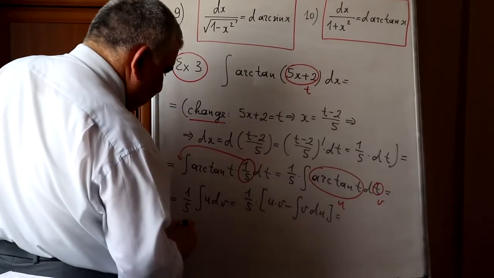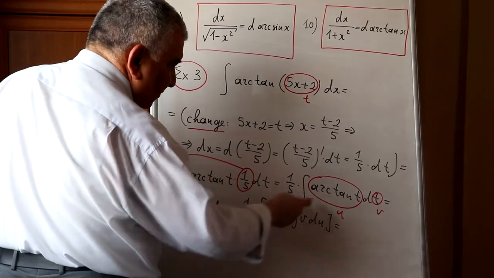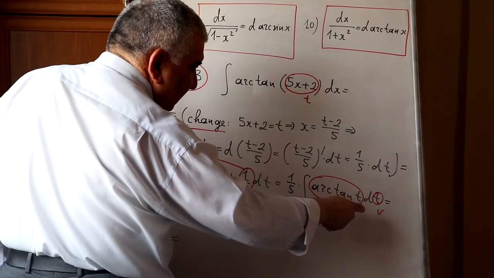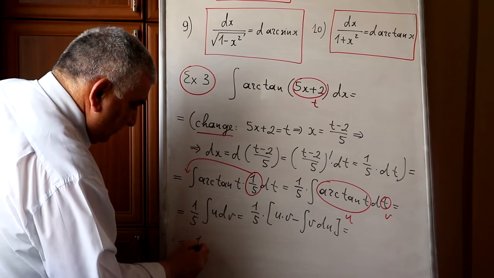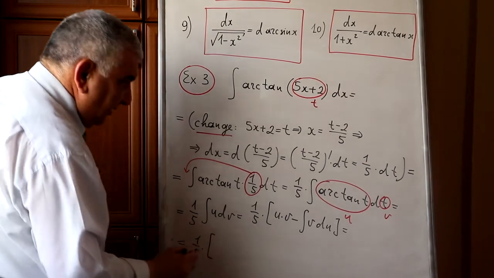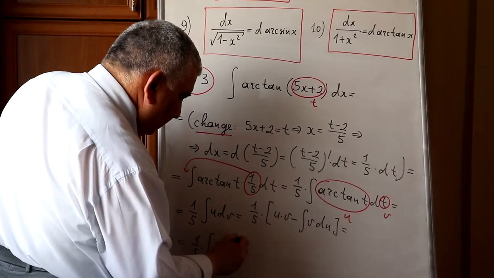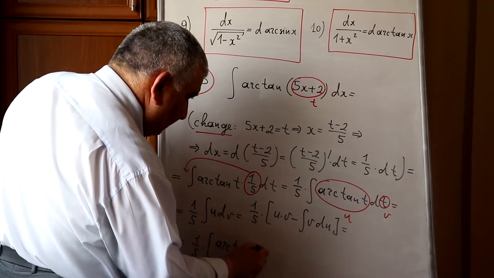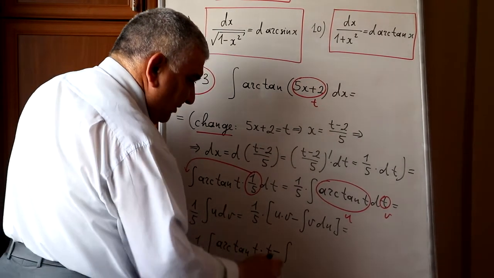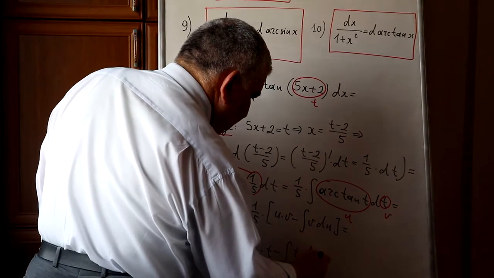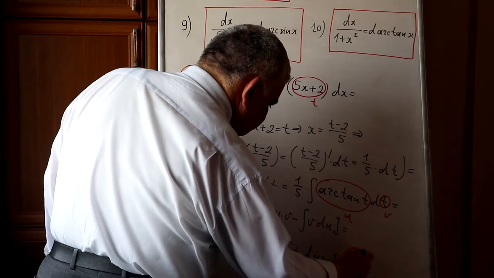Then substitute the corresponding expressions: u is arctangent t, and v is simply t. It is equal to 1/5 multiplied by arctangent t multiplied by t minus the integral of t multiplied by d of arctangent t.